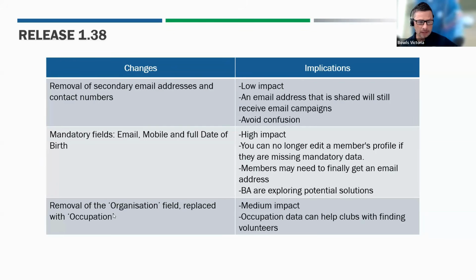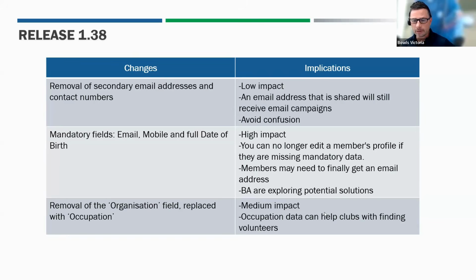Last one is they removed organisation in the data and they've replaced it with occupation. It'll be in the second page when you edit someone's details. I think it's medium impact and it might be actually really good data to have at your club, to know what sort of occupations your members have got.